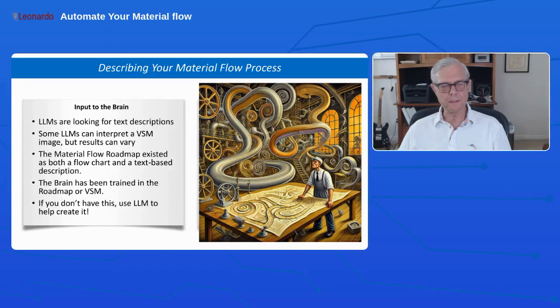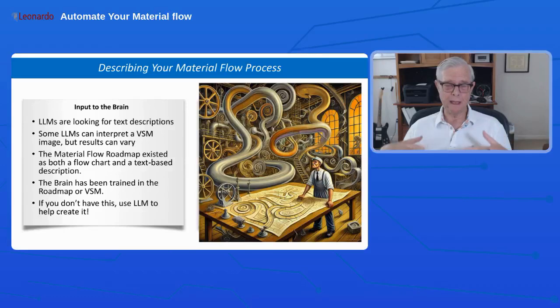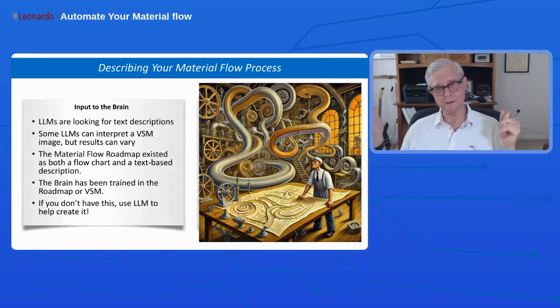So what we want to do is really document, design essentially our material flow system based on how we want it to work and based on best practices. So if you attend the mixed model material flow workshop, like at Toyota, one of the things you're going to get there is the roadmap.